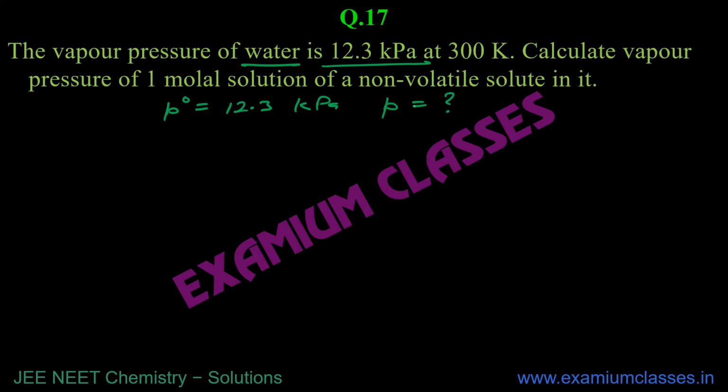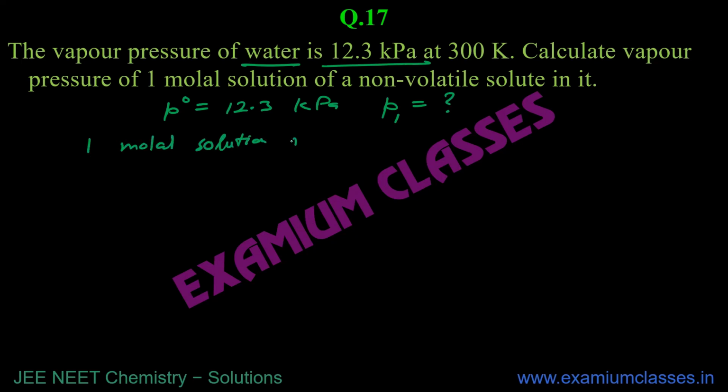Okay. P or P1 or PA. Sometimes P1 is written, sometimes PA is written. So whichever you want to write, P1 is to be calculated. And it is a 1 molar solution. So if it is a 1 molar solution, what does it mean?